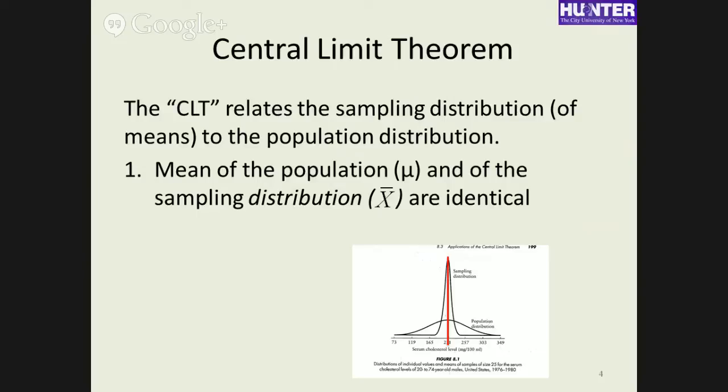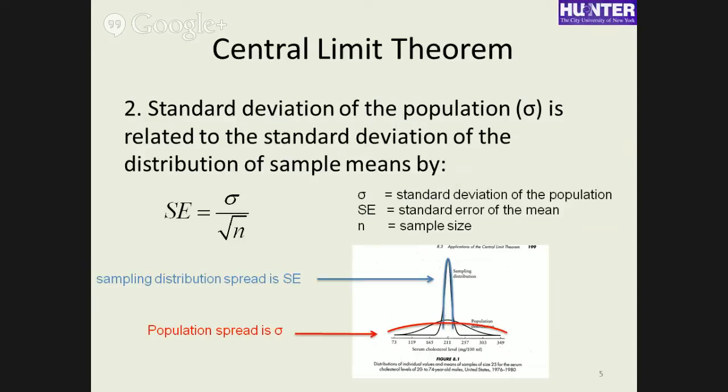And the central limit theorem relates those two distributions, the population distribution for individuals and the sampling distribution of sample means. And the three key components of it were, one, that the mean of the population and of the sampling distribution are identical. The second, that the standard error, that is the variability of the sampling distribution, is equal to the standard deviation of the population distribution divided by the square root of n.